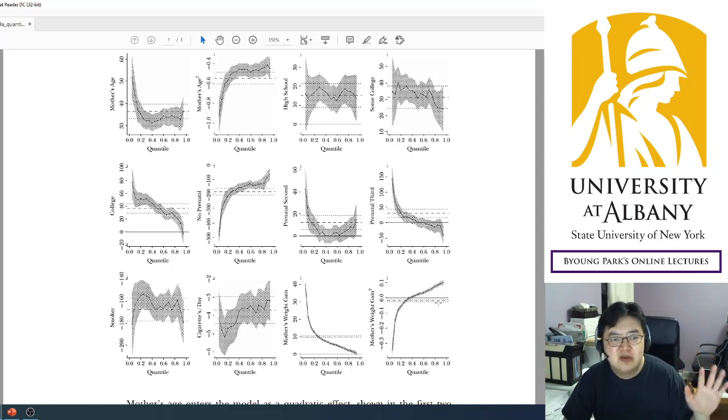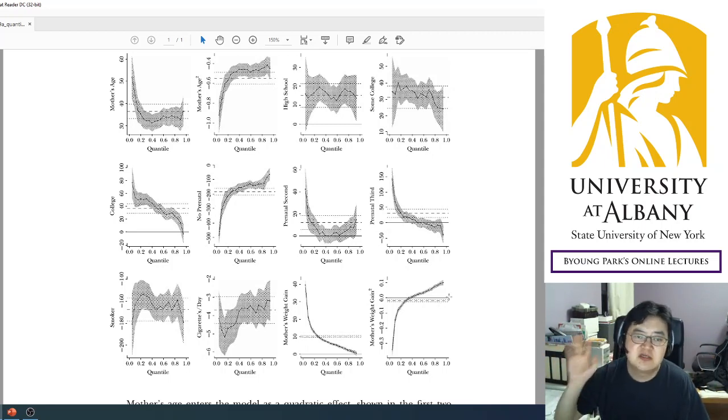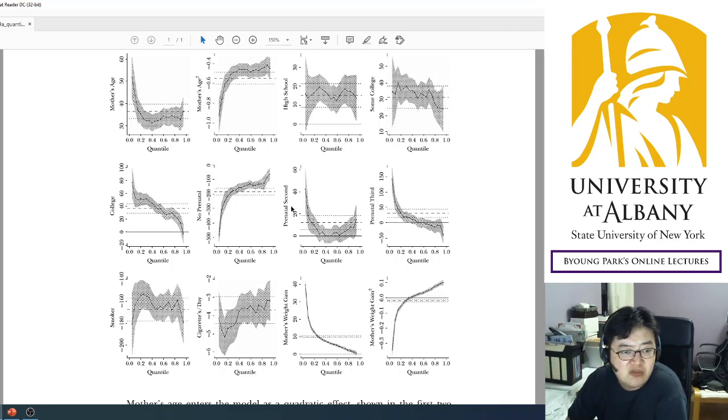Each is called the first trimester, second trimester, and third trimester. So this variable is whether the mother saw a doctor in the second trimester, and this is the same thing for the third trimester. I'm really surprised. How can this be zero? How can you not see a doctor when you have a big belly?